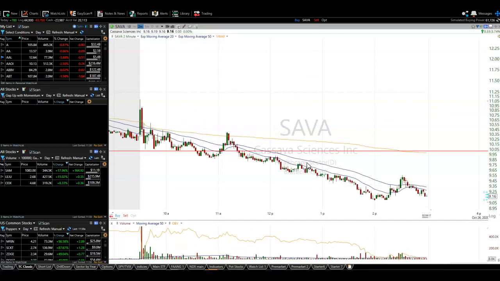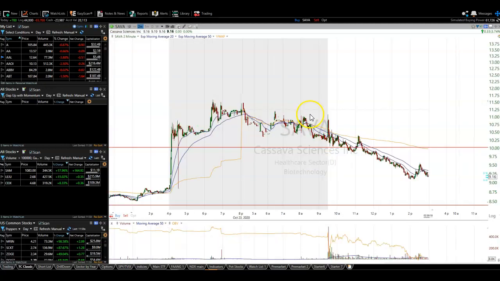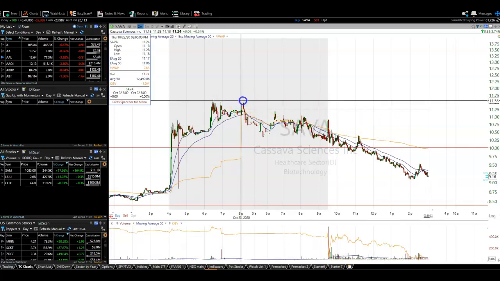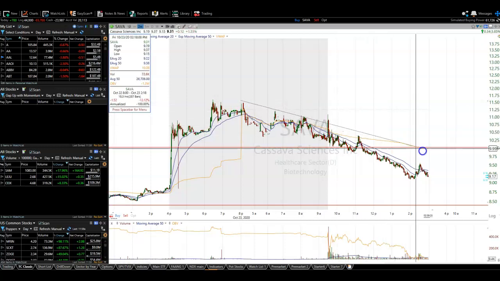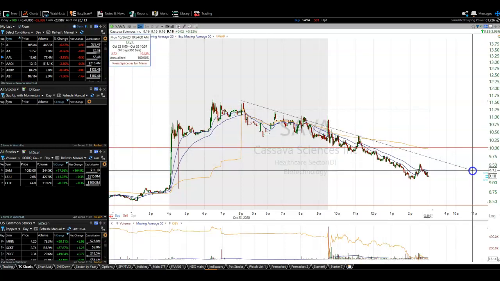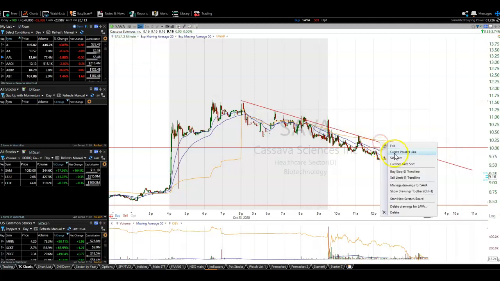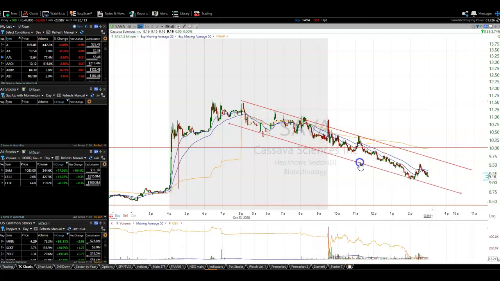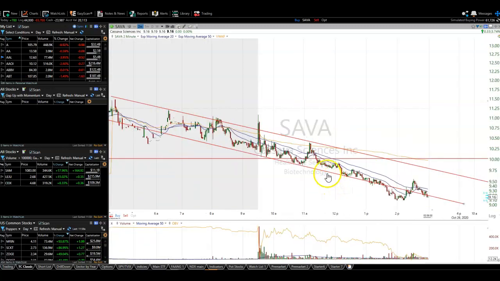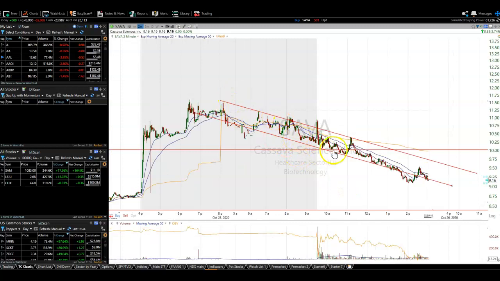Well, on the downside, you normally try to join the lines at the top of the channel. Now in the pre-market, it's a bit choppy, so it's a bit difficult to get them exact. But let's say that's the line there, and then you just make another parallel line to it, and it looks something like that. So there's your downtrending channel.